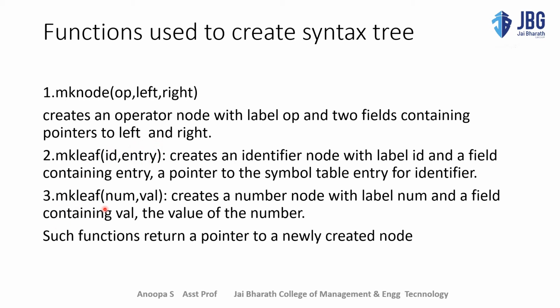Then make leaf num comma value. From this we know that it is a number. So it creates a number node with label num and a field containing value, which will be the value of the number. Such functions return a pointer to a newly created node. So all these functions will return a pointer to the newly created node.